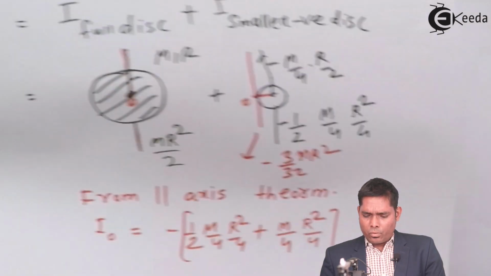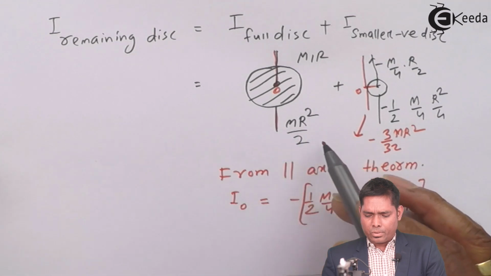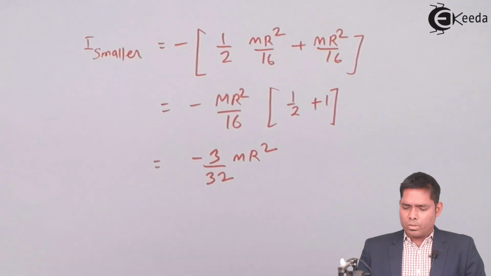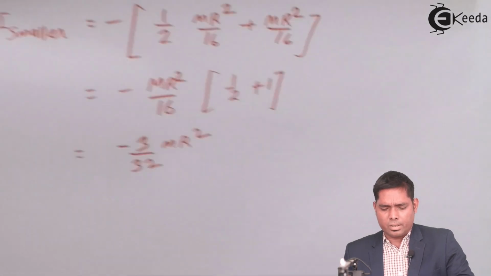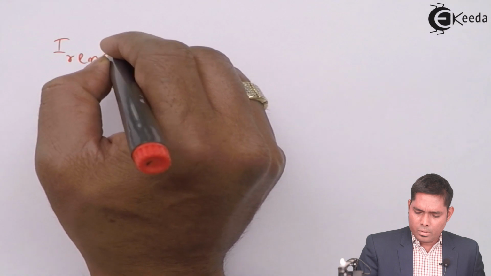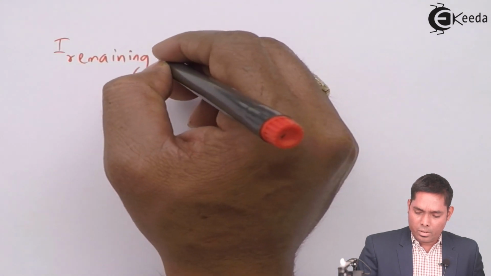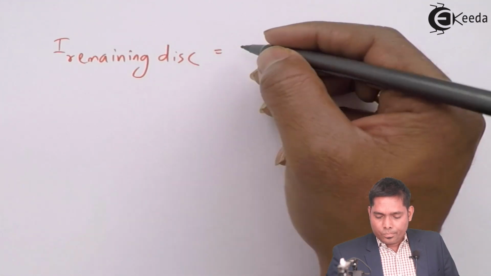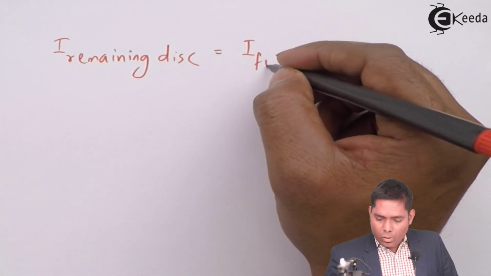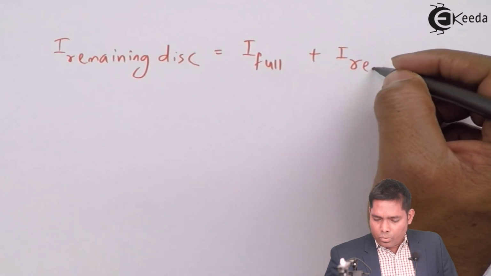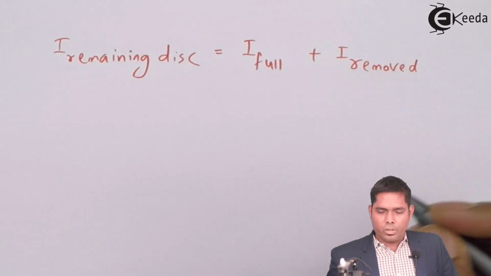Okay, and this I'm getting half m r square, so I just have to add these two numbers. So the moment of inertia of the remaining disk is obviously equal to I of full disk plus I of removed disk.